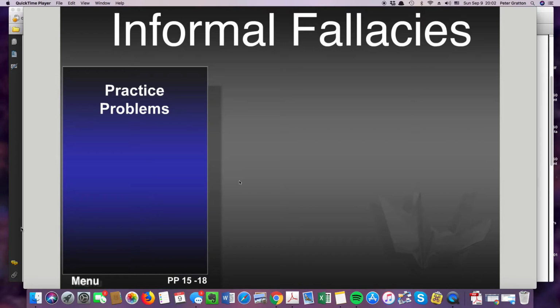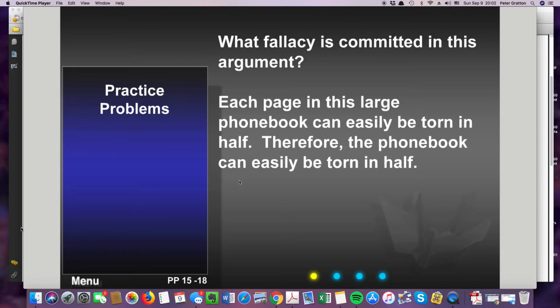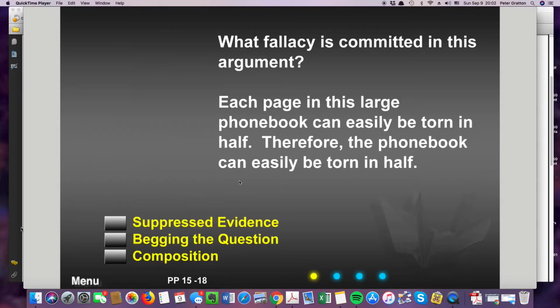Hopefully that one was straightforward. Again, one could imagine a different type of cake, right, where that wouldn't work. So for example, there's ice cream cakes which have different types of ice cream, and therefore different types of calories, and therefore that wouldn't work. Each page in this large phone book could easily be torn in half. Therefore, the phone book can easily be torn in half.